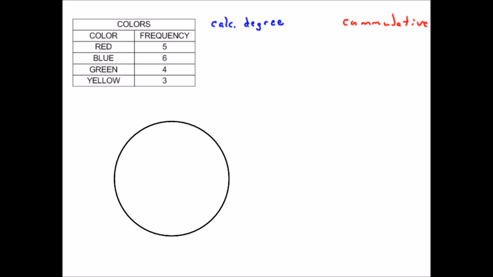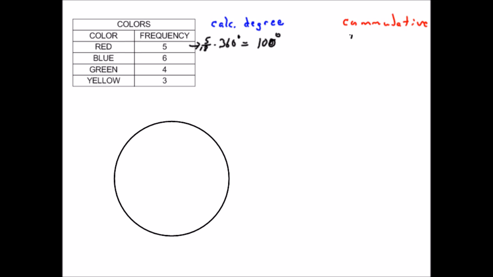So for example, this first class, there are 5 out of 18 as the relative frequency times 360 degrees. That is 100 degrees. So of that circle, 100 degrees of it should be covered for red.